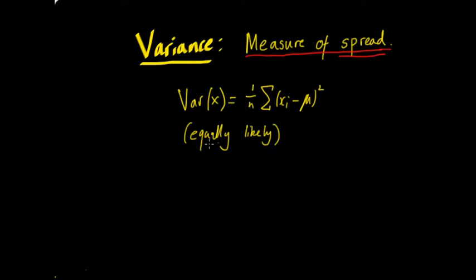So don't worry too much about the 1 on n, but just remember that's equally likely. It's like when you're working out the average of 3 values, you can go 5 plus 6 plus 7 over 3, when they're equally likely. So that n just represents the 3, because you have 3 terms.